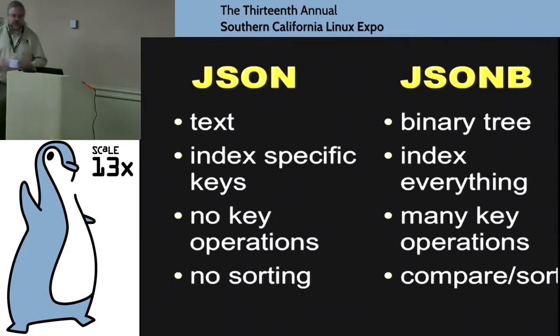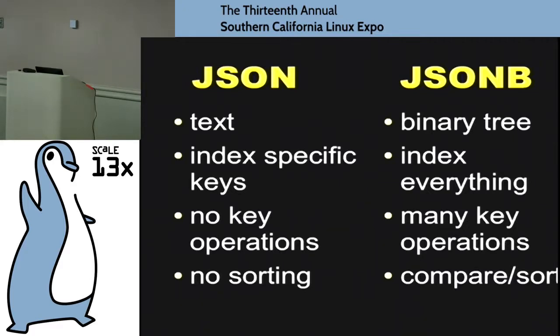So JSONB was created to fix all of those things. The B in JSONB stands for binary. It also stands for better. In this, the JSON is actually stored in a specially structured binary tree within the varlena in PostgreSQL.